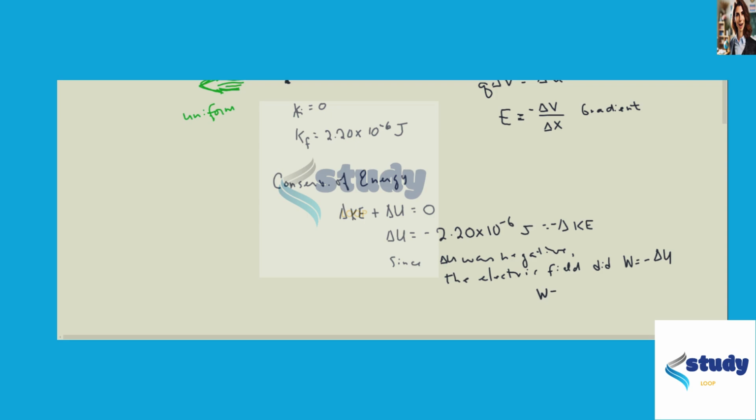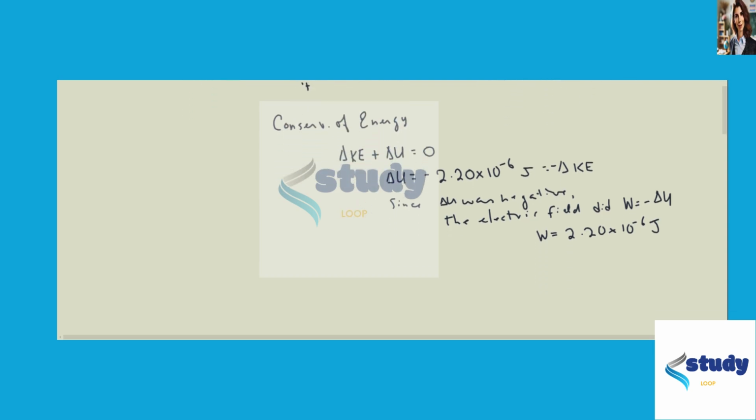So the work was positive. And that makes a lot of sense. The charge would actually be pushed to the left along with the electric field. And therefore, the force would be impelling the charge in the direction of its displacement.